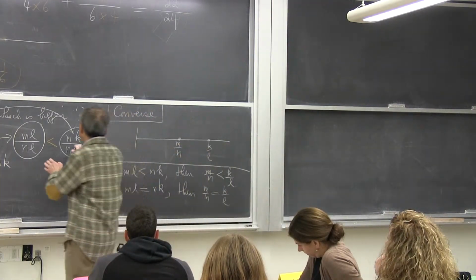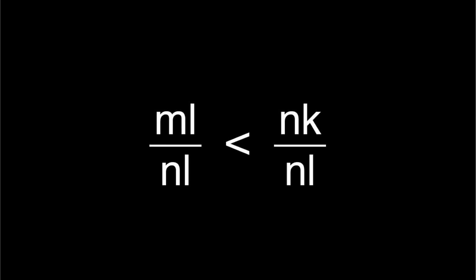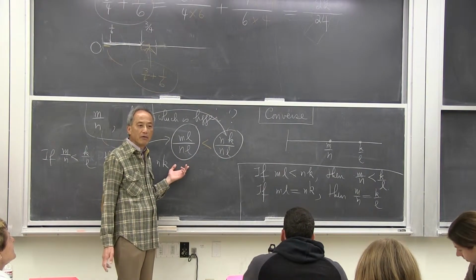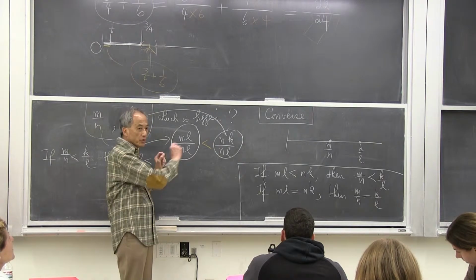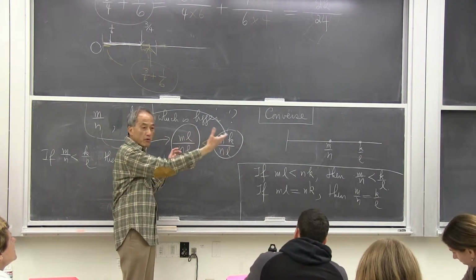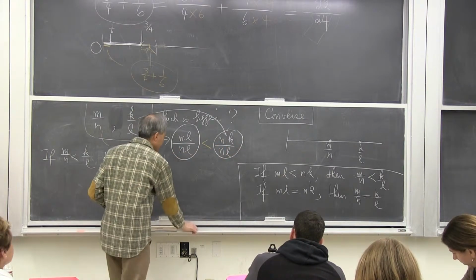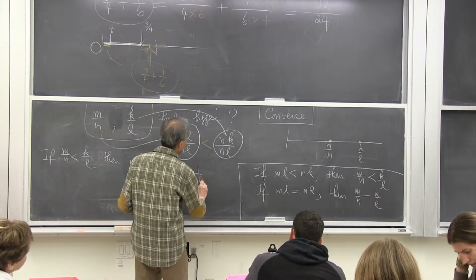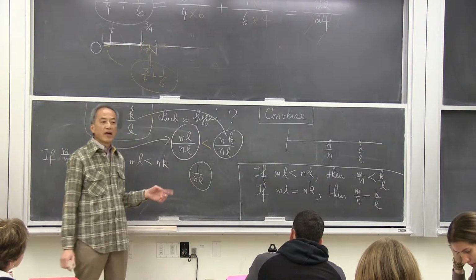So to say this is to the right of this, what does it mean? So what are these fractions? These fractions are obtained how? By counting to the right a certain number of steps of a fixed unit. This is called a unit fraction. That's very simple. 1 over NL.